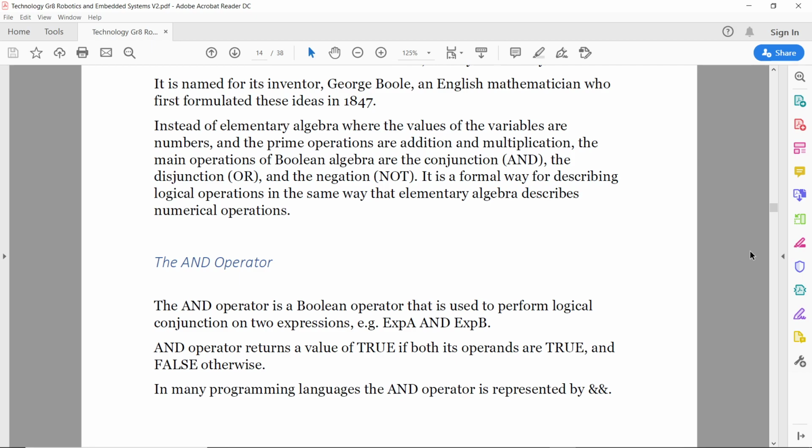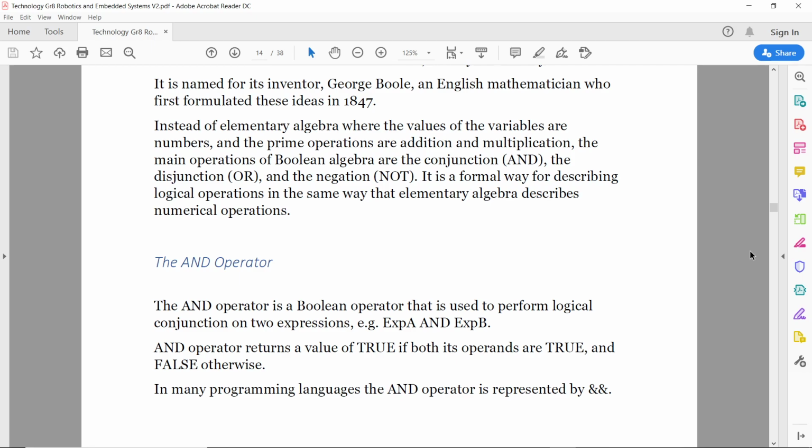So the name kind of gives it away. Input A and input B must be true to get a true result. So all inputs have to be true to get a true result. That is an AND operator.